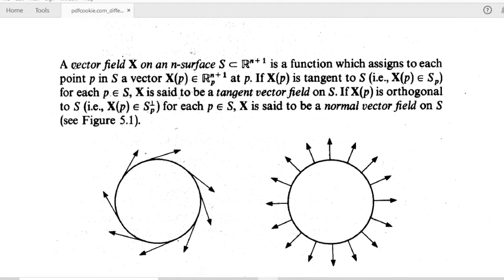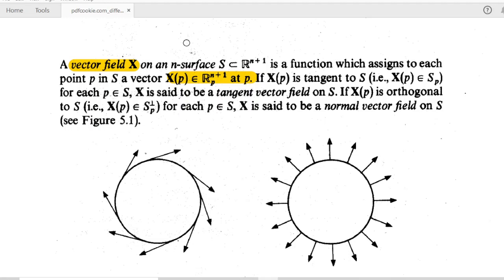So first we have the definition of vector field, X bar. Capital X bar is a notation for vector field. A vector field X bar on an n-surface S is a function which assigns to each point P in S a vector X bar of P at P. So basically, vector field X bar എന്ന് പറയുന്നത് അതൊരു function ആണ്.